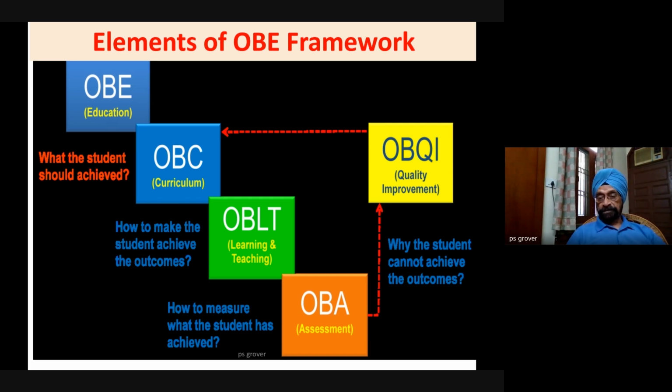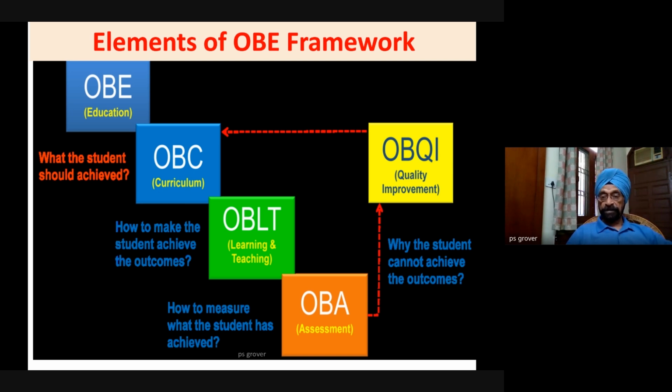So then what if the student cannot achieve the outcomes? Why is the student not able to do it? It's the responsibility of the faculty, the teacher, to find out why the student is not able to demonstrate what he is expected to learn and come out with that, which means ensuring quality is an important component.